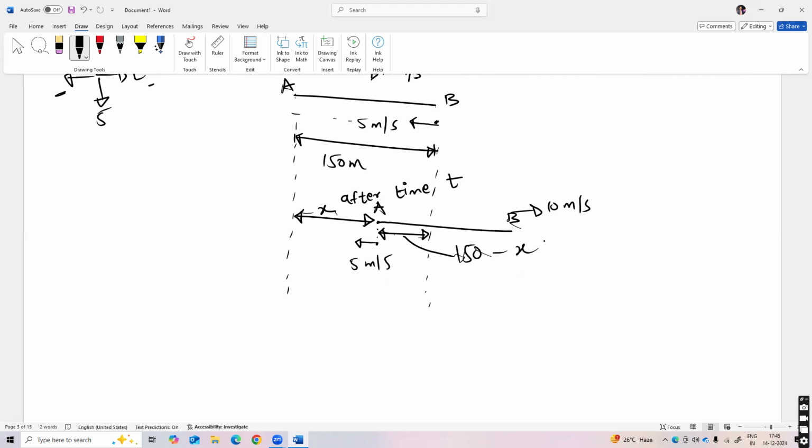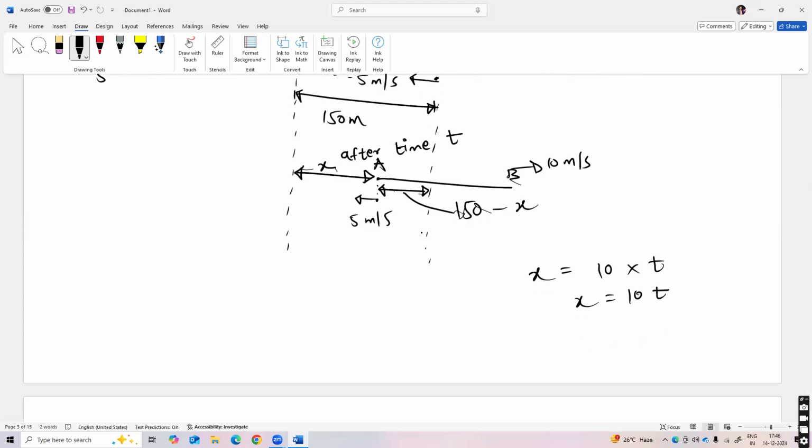So distance is equal to speed times time, 10 into t, so x is equal to 10t. Similarly for the bird, it has traveled a distance of 150 minus x in time t. So 150 minus x is equal to velocity into time, so it is 5t.